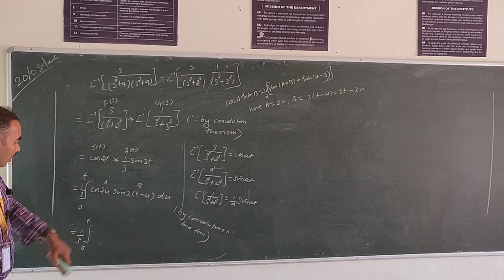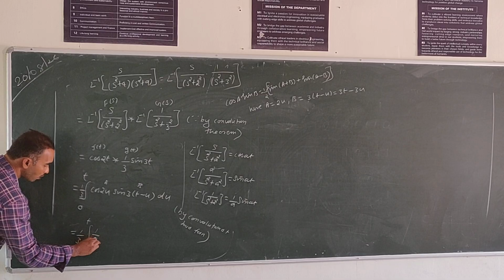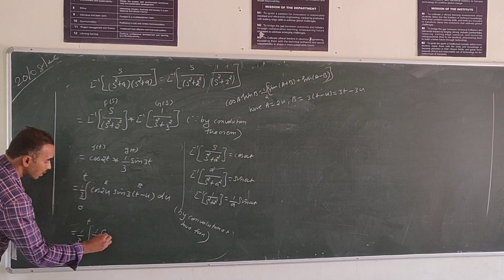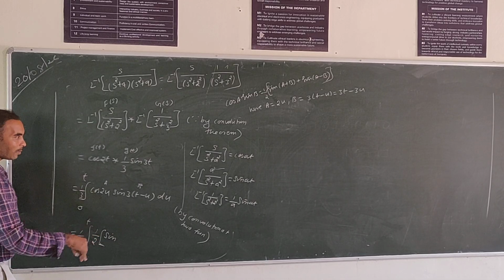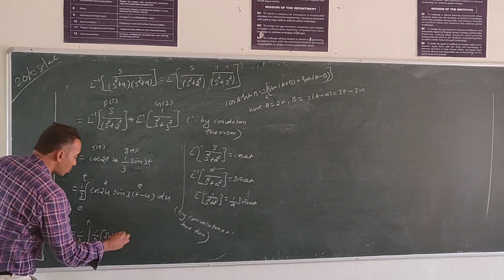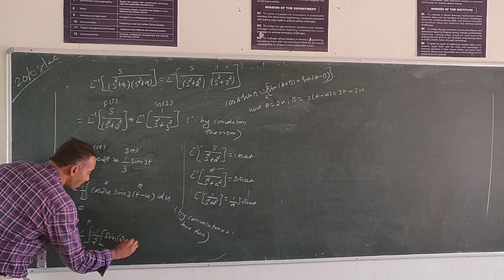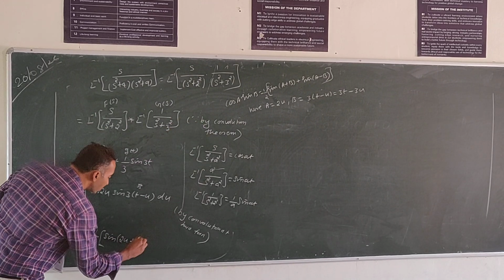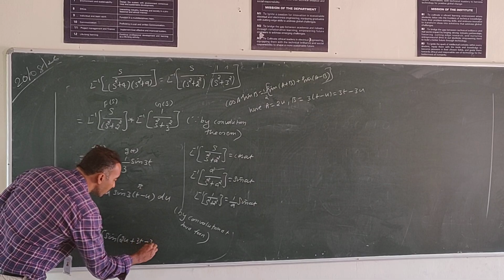So use the formula 1 by 2 into sin(A plus B): sin(2u plus 3t minus 3u).